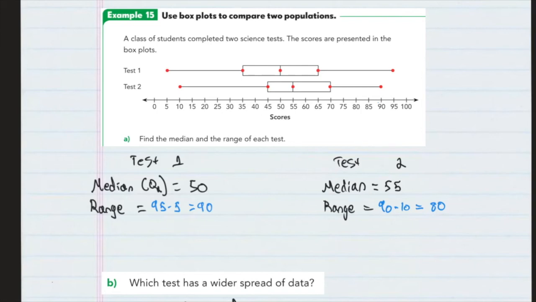So for test 1, okay, about half the data is between 35 and 65. And then for test 2, about half the data is between 45 and 70.